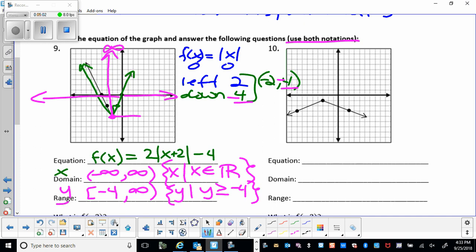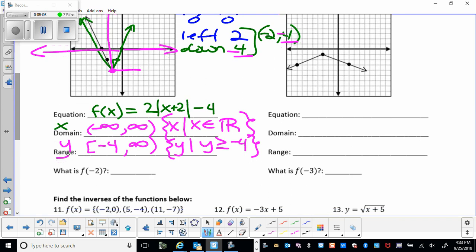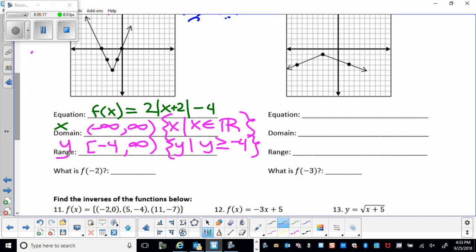All right, and so now looking, oh, there's one more thing. What is f of negative 2? So when x is negative 2, what is f? Okay, so this is telling me x equals negative 2. All right, so when x is negative 2, what is y, right?